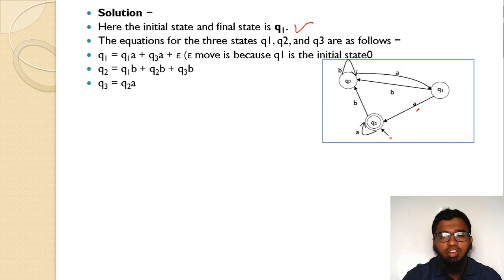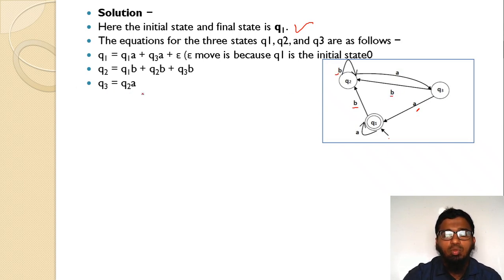Epsilon is the initial state. Next, for Q2 we need to see how many incomings for Q2. One is incoming from Q1, another is Q2 itself, and from Q3. So Q1, Q2, Q3, and the inputs are B, B and B.